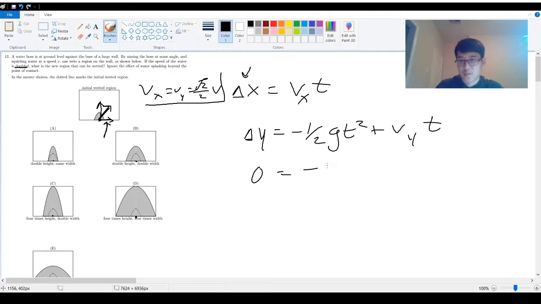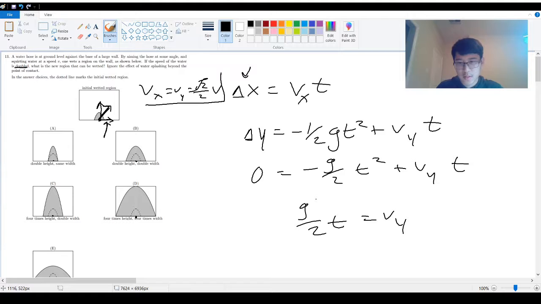That's equal to negative g over 2 t squared plus vy t. Then we solve for t, so g over 2 t is equal to vy, canceling out t on both sides and moving this over. So t is equal to 2 vy over g, right?